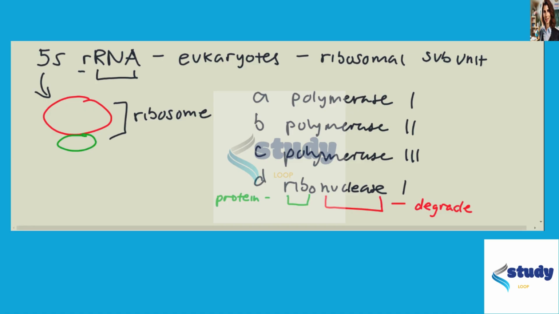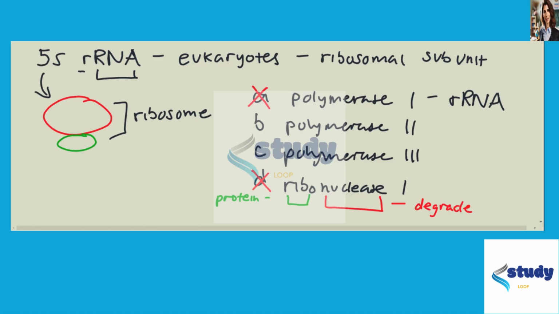Therefore, a ribonuclease is going to be degrading protein. Therefore, if we're asking about a question of synthesizing, ribonuclease is not a relevant choice. Okay? Polymerases are those enzymes that are going to be synthesizing and putting together the bonds to make a biological molecule. So therefore, A, B, and C are relevant choices to pick from.